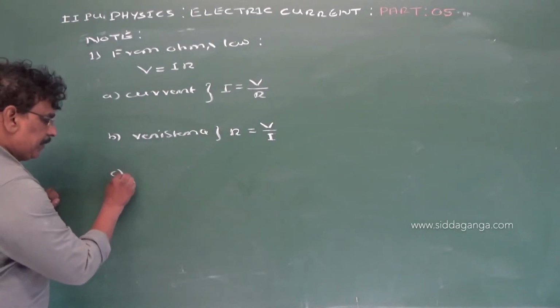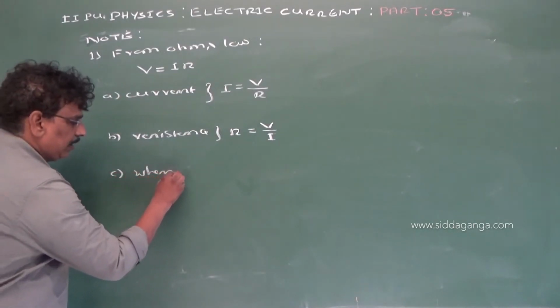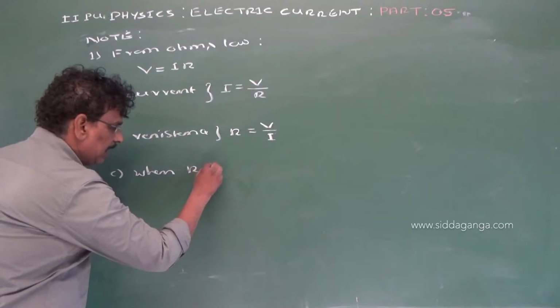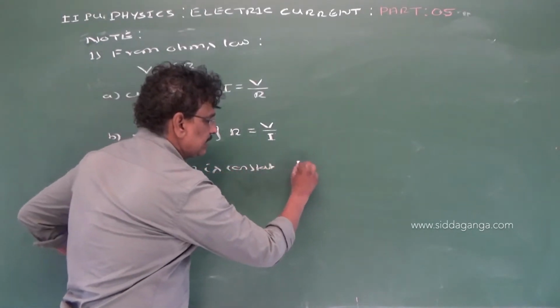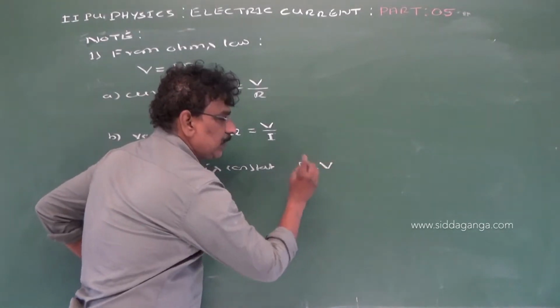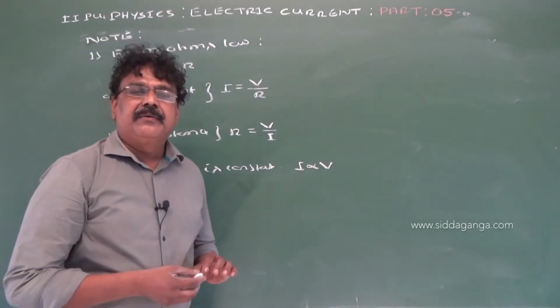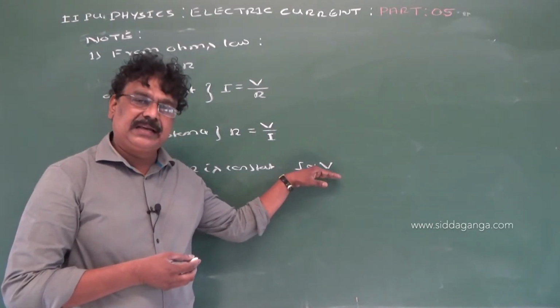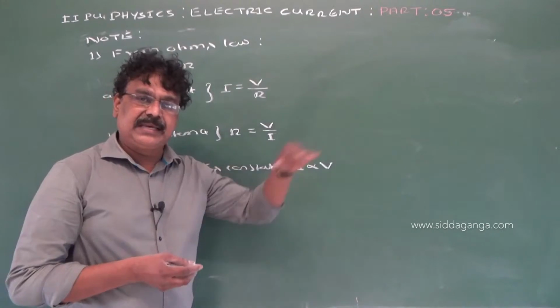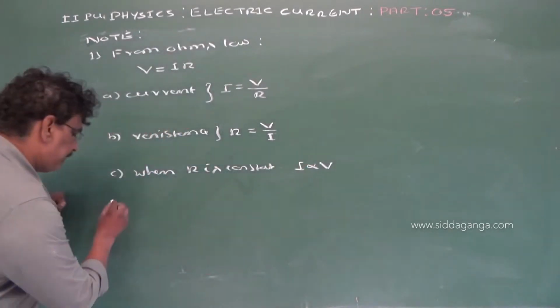Now see, when R is constant, I is directly proportional to V. That means when R remains constant, we can increase the current in the conductor by increasing the potential difference.